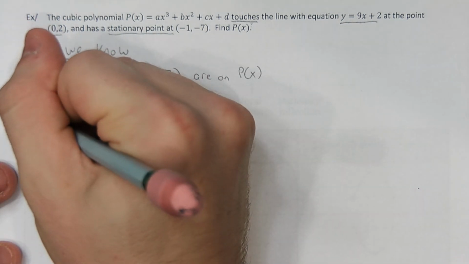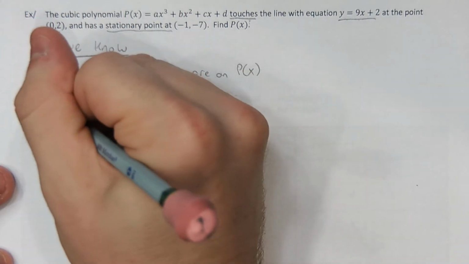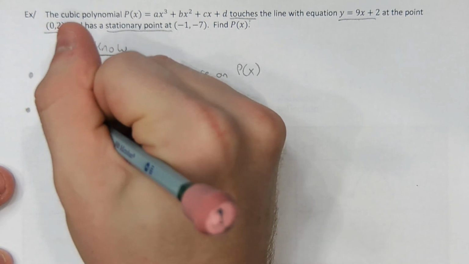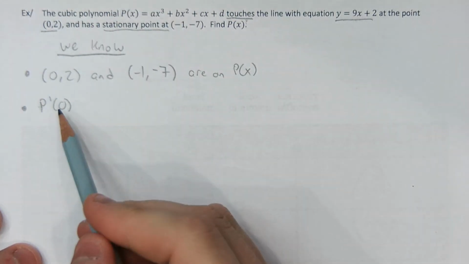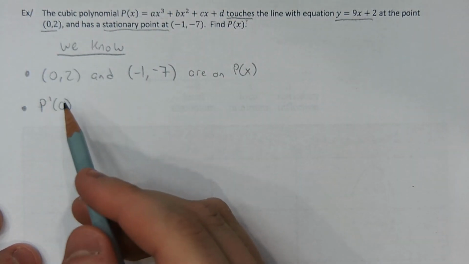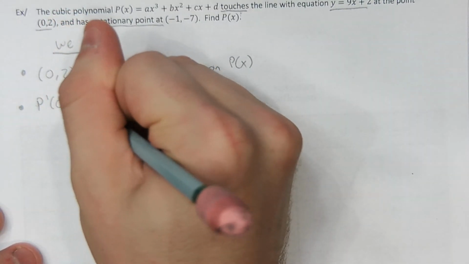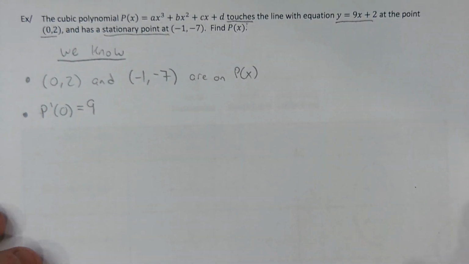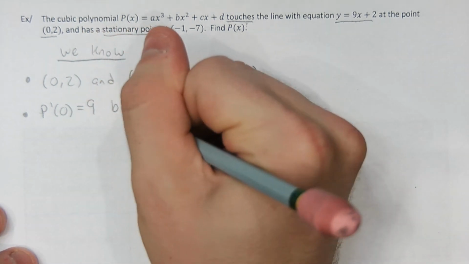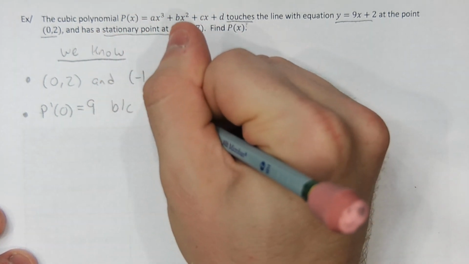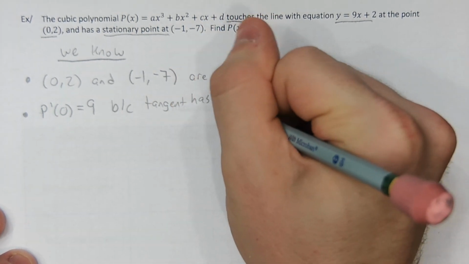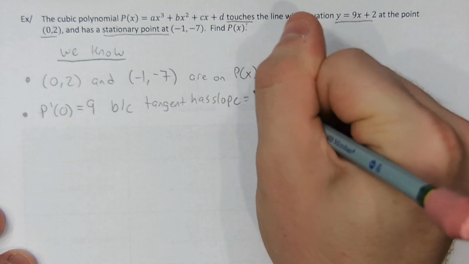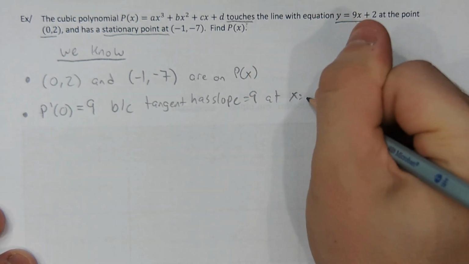What else do we know? We know that p prime of 0, my apologies, I just threw my pencil, meaning if I plug 0 into my first derivative, I get 9. Why? Because the tangent has slope equal to 9 at x equals 0.